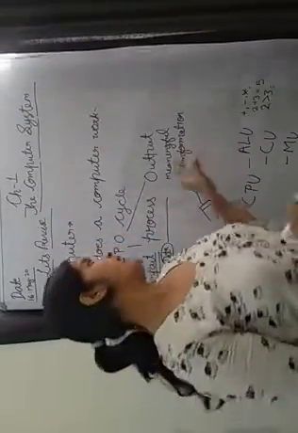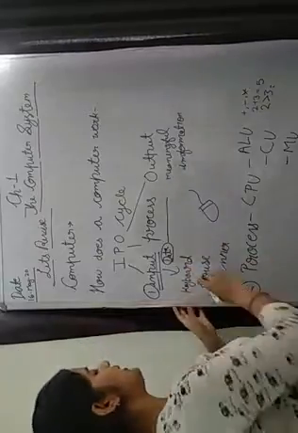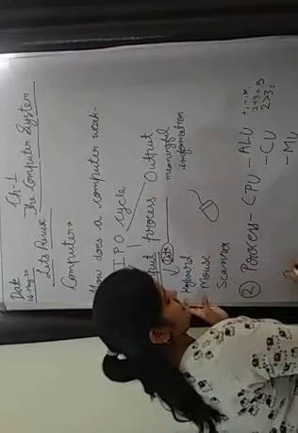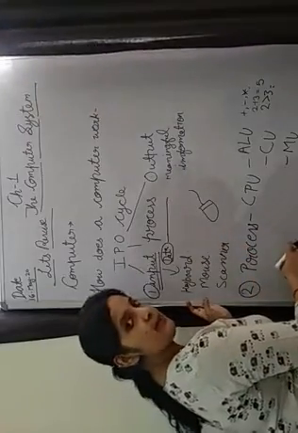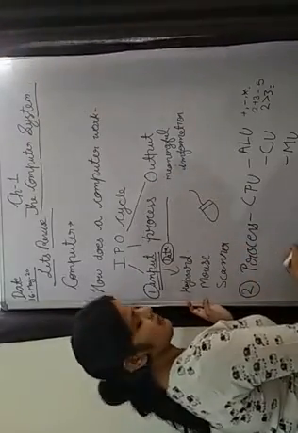Students, suppose you are giving 2 and 3 with the help of the keyboard, then it will be saved in the memory unit. The CPU will take it from the memory.